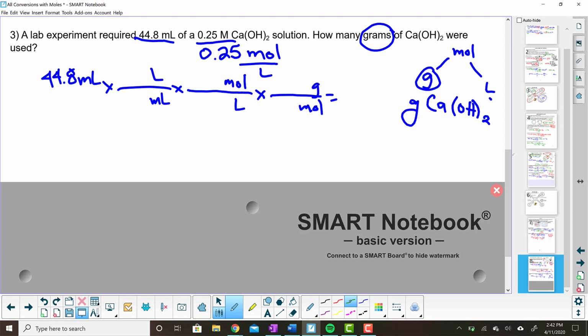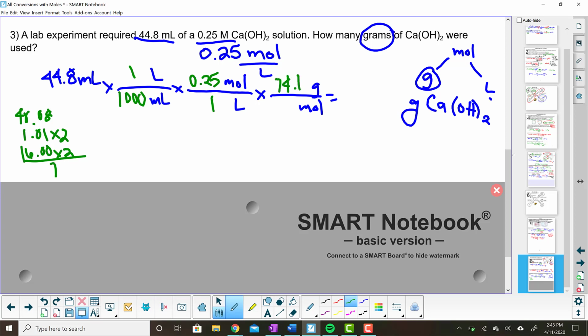Now let's take a look at our conversion factors. Okay, we got a lot going on. Very easy, it's just a metric conversion. So 1 liter, that's 1,000 milliliters. Second conversion factor is molarity. You've got moles and liters, so I put that 0.25 moles over 1 liter. Last conversion factor is our good friend molar mass, so it seems like we are going to have to calculate that. Total, my molar mass is 74.1.